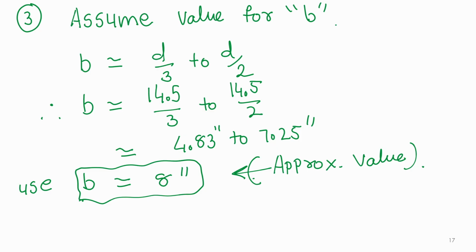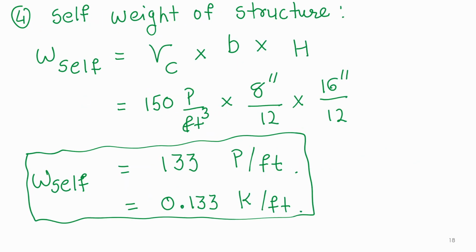So the next step is to assume the value for B. We can use something between D over 3 to D over 2. That one is given as something between 5 and 8, and let's be on the safe side, use for B to be 18.